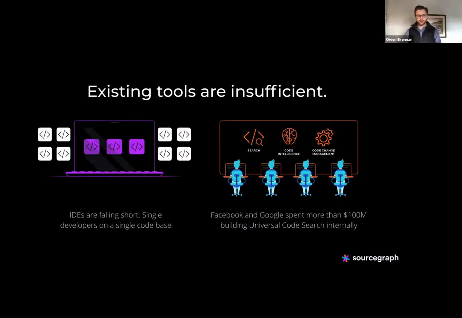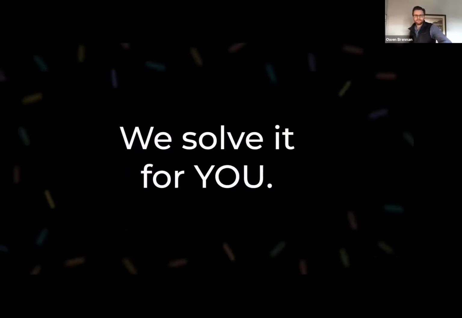IDEs really are falling short in terms of supporting your developers within a single code base. And we saw a market opportunity in the sense that Facebook and Google have internally built a similar tool to achieve the same elements of business impact that we just reviewed, but they did so by spending millions and millions of dollars. And so our goal is to make this available, and we have to you, and we're looking forward to giving you a look at it.